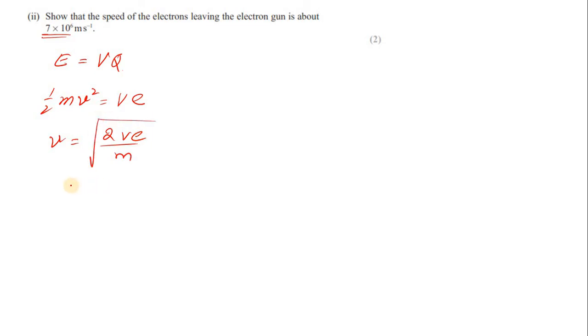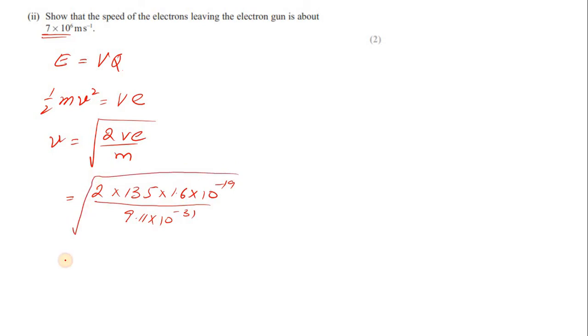If you substitute all the numbers, 2 into 135 volt into charge of electron 1.6 × 10⁻¹⁹, divided by the mass of electron given in your data sheet, 9.11 × 10⁻³¹, square root, then you have v equal to 6.88 × 10⁶. You can round it off, 6.9 × 10⁶ meters second inverse.